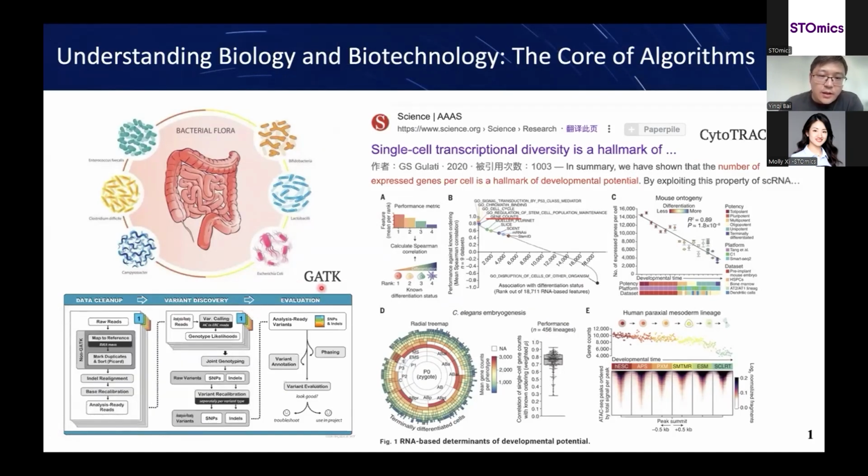GATK to analyze the bacterial populations. However, he found that the result is weird and he could never get the correct answer as he thought. So I just asked him a very simple question. GATK is designed for human genome.